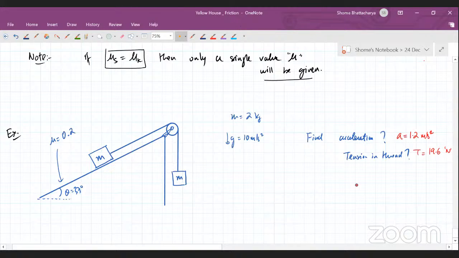Okay, so let's quickly understand the free body diagrams. So tension, weight here. Here we'll take the components of weight.